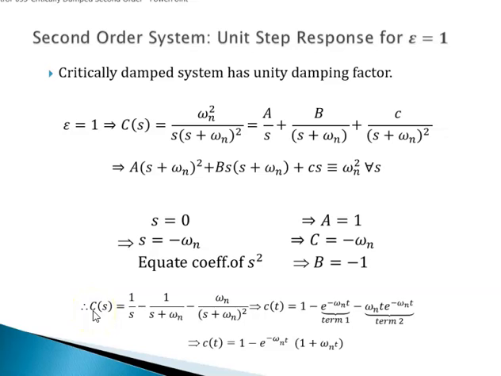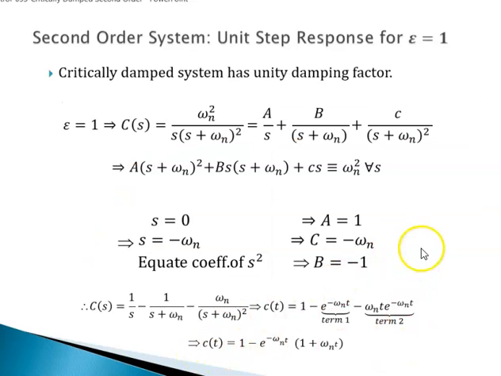So you have the Laplace transform of the output given by these 3 terms, 1 minus something minus something, and taking the inverse transform, we get 1 minus e power minus omega n t and all the subsequent terms, which we can simplify like something given here.